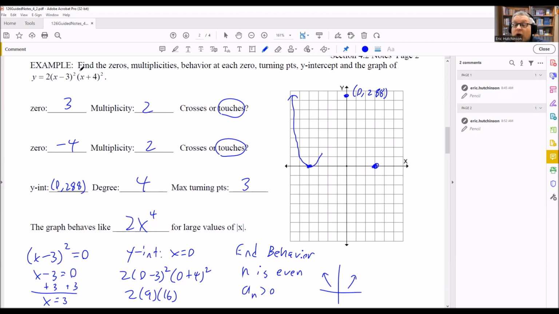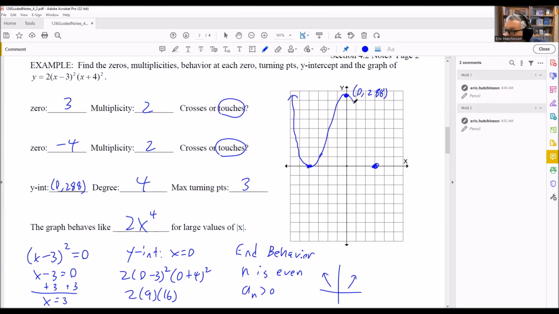Also, because this is a square, that's another hint. That tells us that this graph resembles a parabola at that point. There are a couple of different ways we can determine that, but whenever it touches, you'll see it doing that kind of bounce. It resembles a parabola in shape. Now it's going to go all the way up to here, through this point, and then it's going to have to come back down again to touch this one.